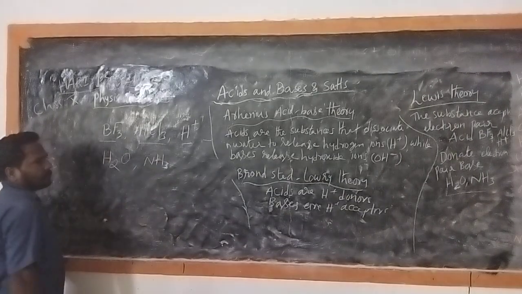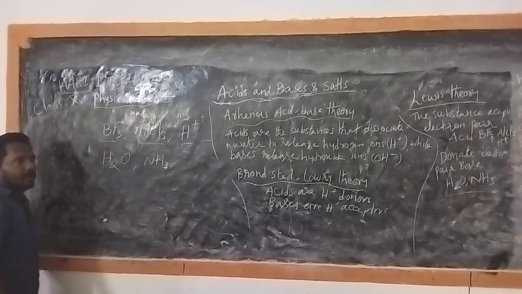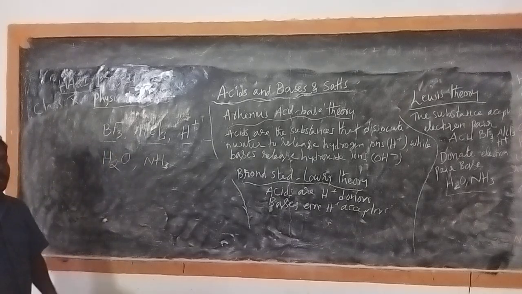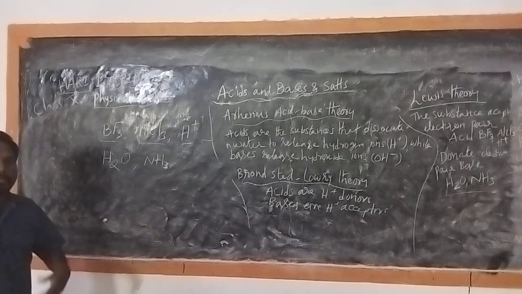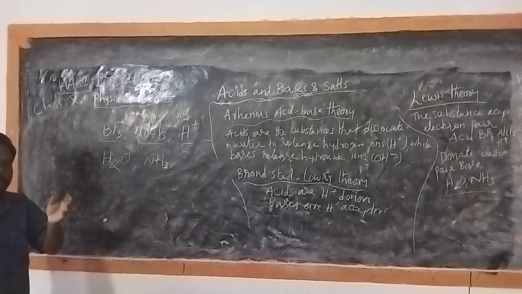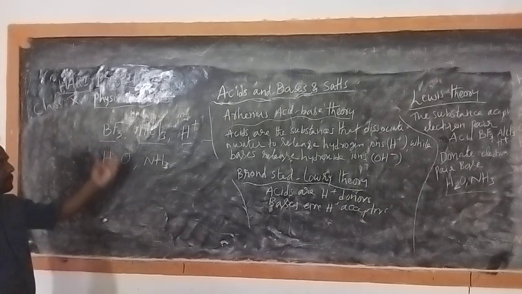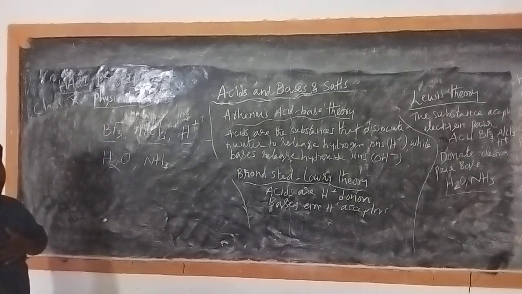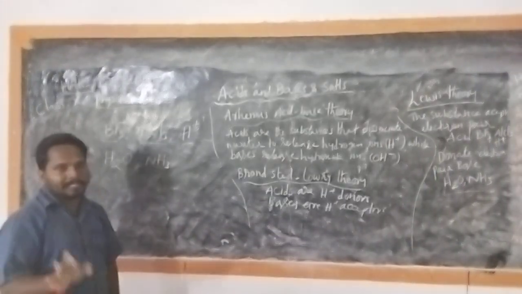An important thing is that these accept electron pairs which do not involve in a chemical bonding, so the electron pair didn't involve in the bond formation. Those electron pairs are accepted by these substances, right? You will learn this in higher studies, so I didn't explain much.